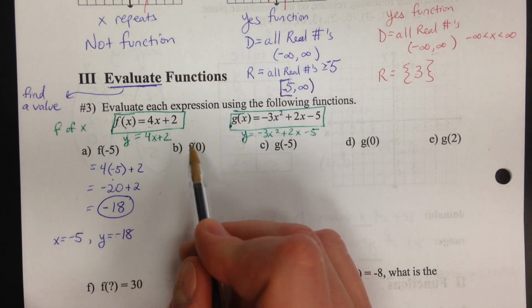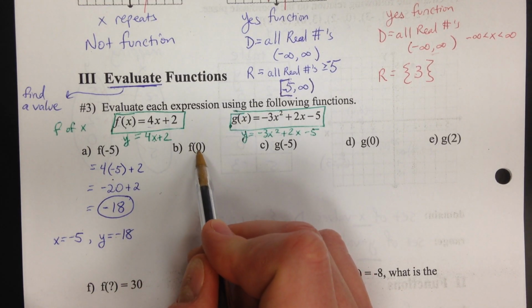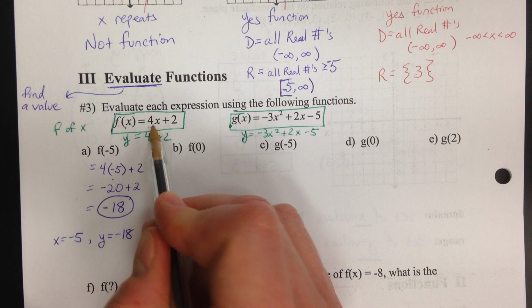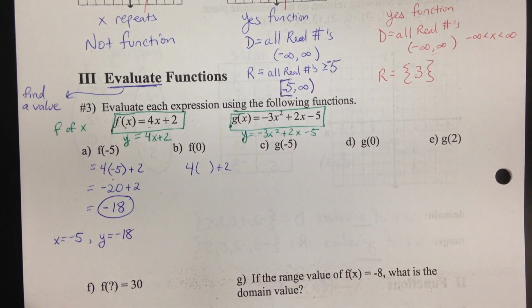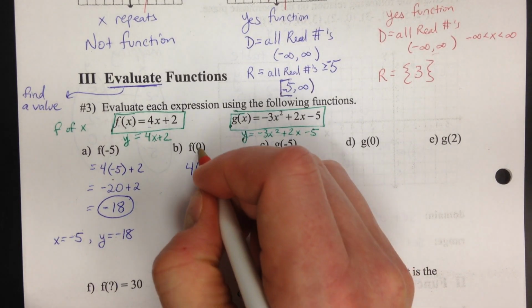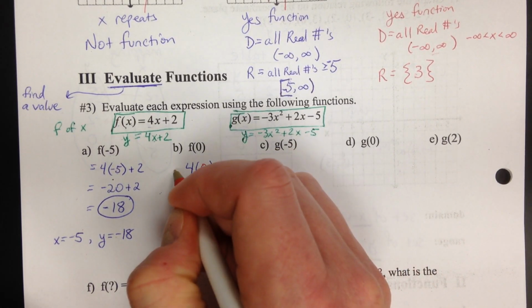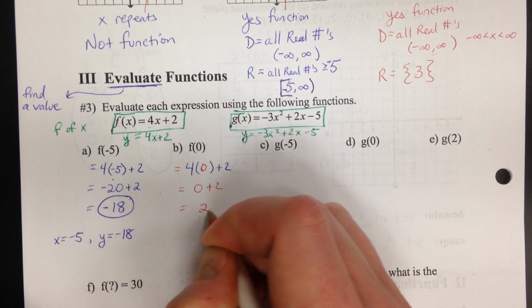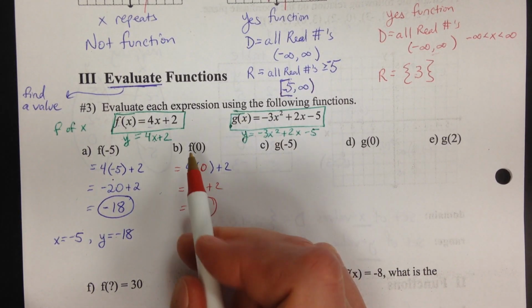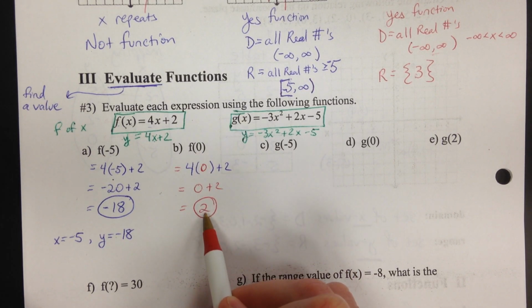Okay, negative 18. F of 0 means we're going to take the same function, f of x, which is 4 times x plus 2, but this time, what's the x value? It's 0. So we're going to do 4 times 0, which is 0, plus 2, and the answer is 2. When x is 0, y is equal to 2.